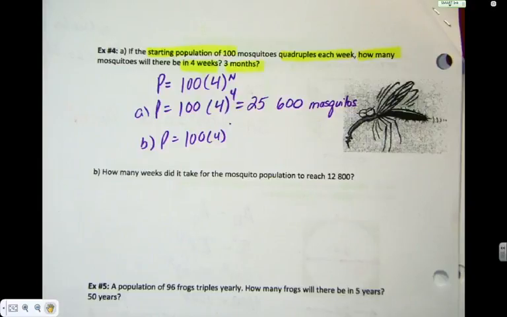So can we assume that every one of those months had 4 weeks? Okay, so if every month has 4 weeks, and there's how many months in a year? 12. 12 times 4 is how many weeks? And is that how many weeks there are in a year? So we can't assume that every single one of them had 4. So what can we do to get exactly how many weeks were in 3 months?